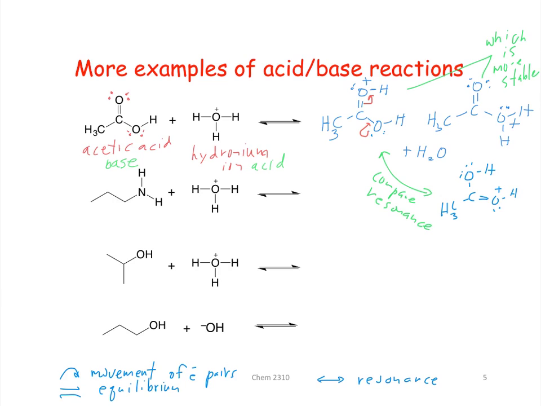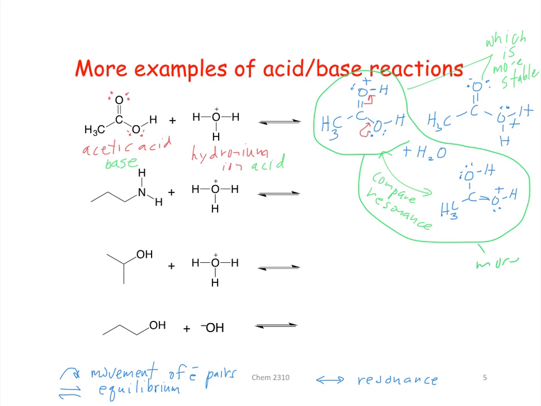We'll have a whole chapter later on resonance, but a key thing about resonance is that these two resonance structures are not really separate structures, but they're showing how the electrons are distributed and how they're shared. And because these electrons are shared, that makes that more stable. So this pair here is more stable.